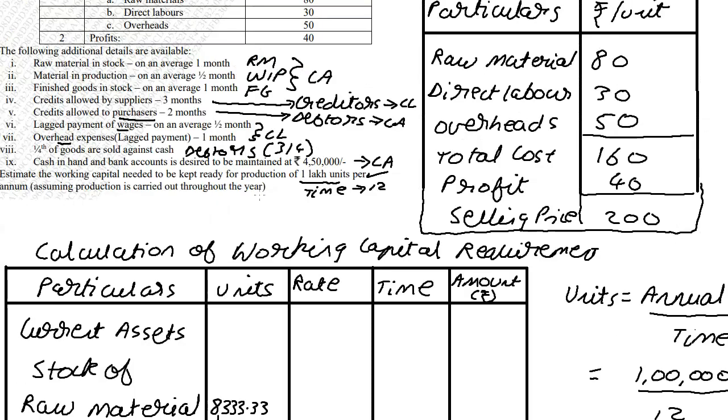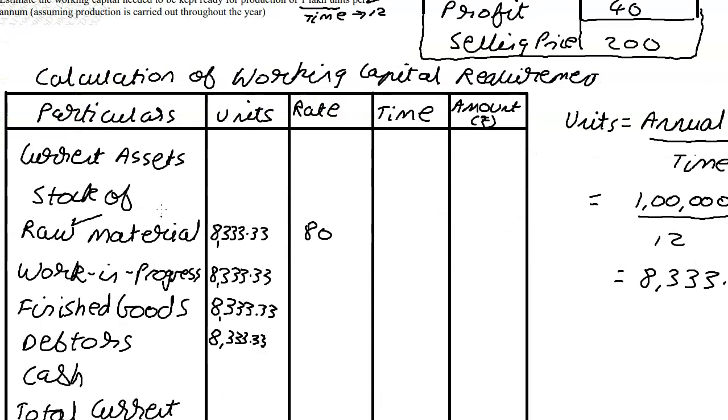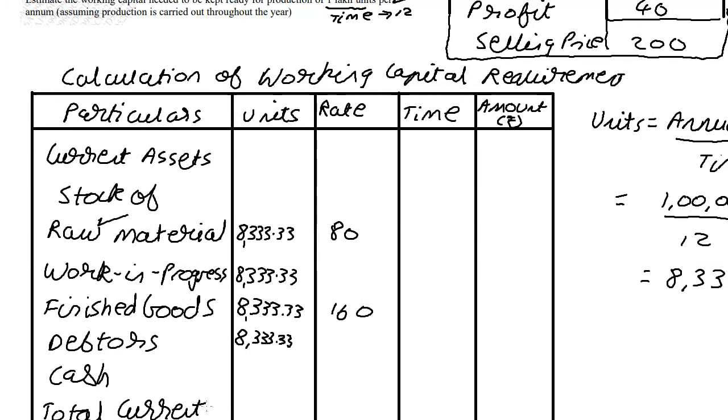Anyway, raw material is here. I know that the rate is 80. So I'm going to scroll down slowly and fill up 80 for rate. Remember, total cost is always finished goods. So we have 160. Unless and until they specifically tell you. Let's look at the question.